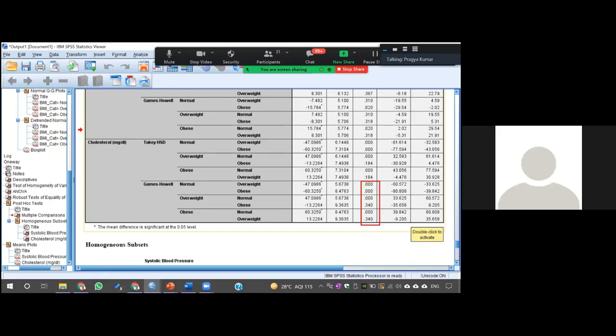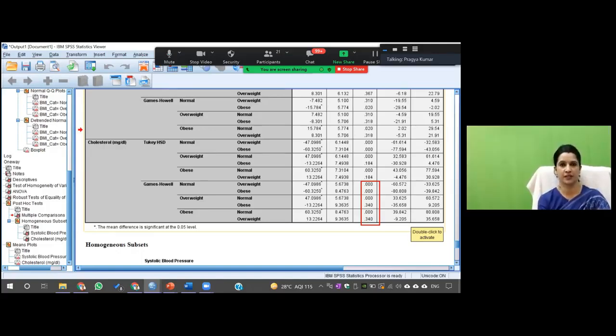No, ma'am, it is normal to overweight and normal to obese, but not between the obese and overweight. Yes, you are right. If you focus on the first column, it is between the normal and overweight and normal and obese. You can ignore the minus sign.